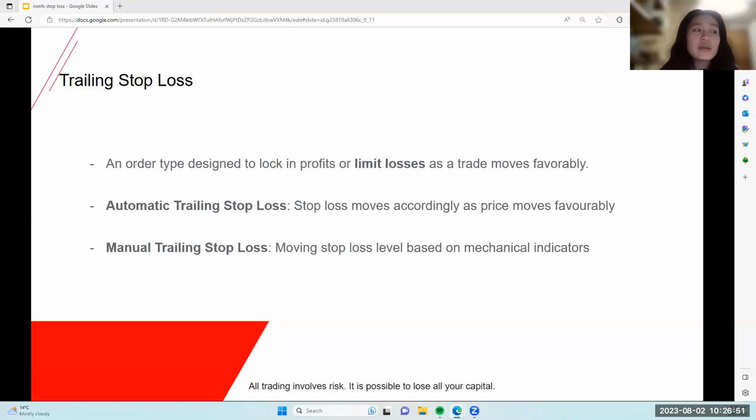So it's an order type that's designed to lock in profits or limit losses as long as the trade moves favorably. So an automatic trailing stop loss moves according to how price moves favorably, and a manual trailing stop loss is a moving stop loss level that's based on mechanical indicators.